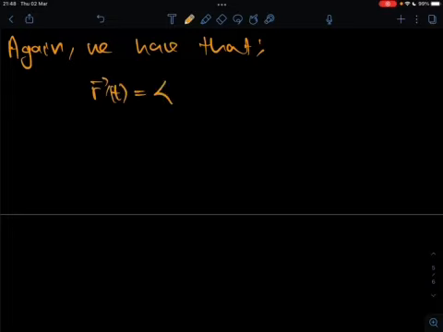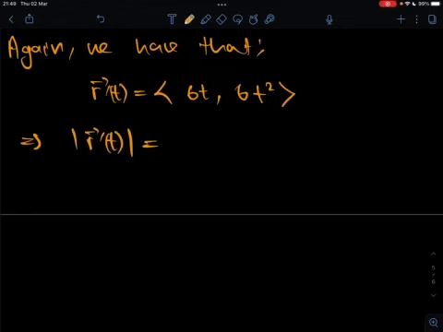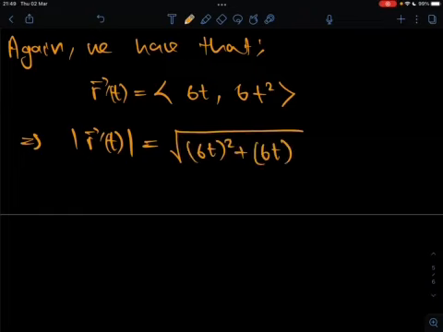So if we differentiate that, if we have the question with you, you will see that you get 6t and also 6t squared. So that's what we get when you differentiate. So this implies now what is the absolute value of r prime of t. So the absolute value of r prime of t is root of (6t) squared plus (6t squared) squared, like that.